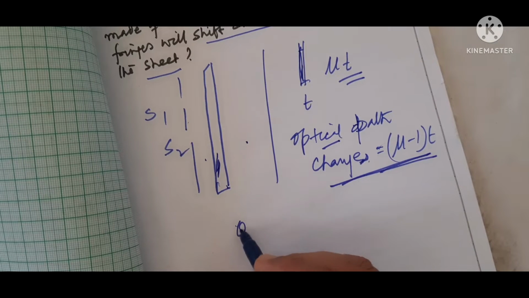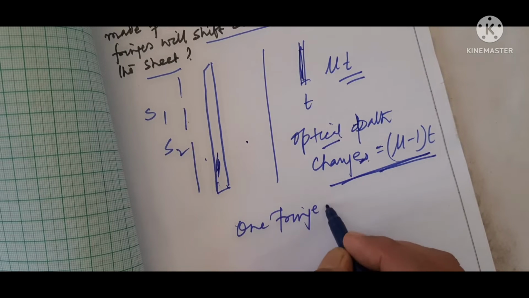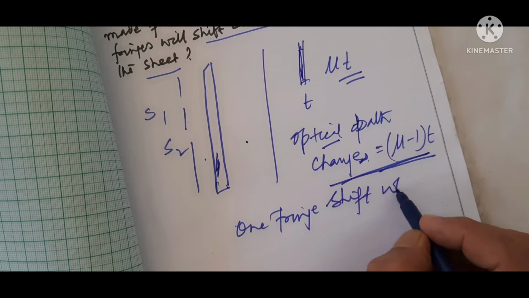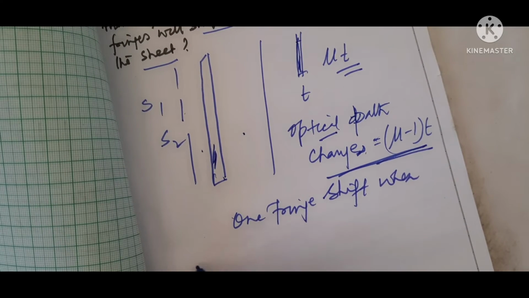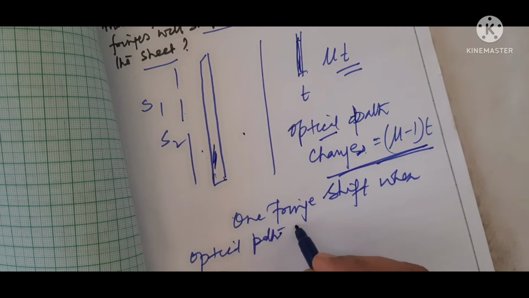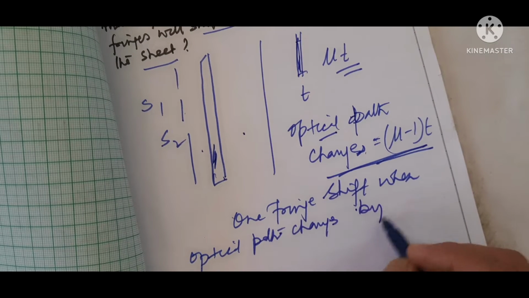So one fringe shifts when the optical path changes by one wavelength.